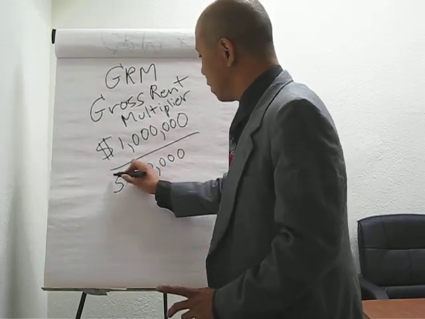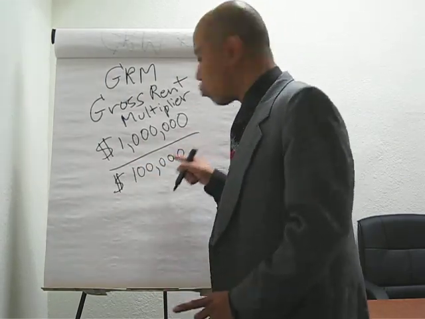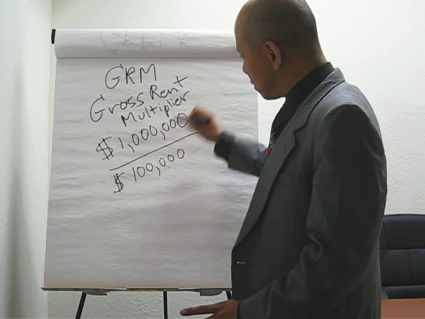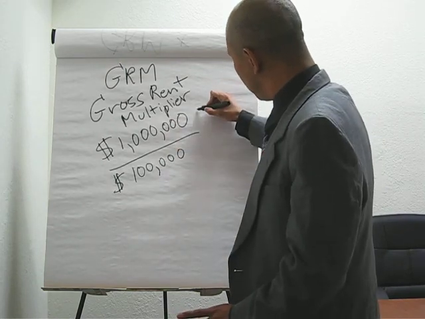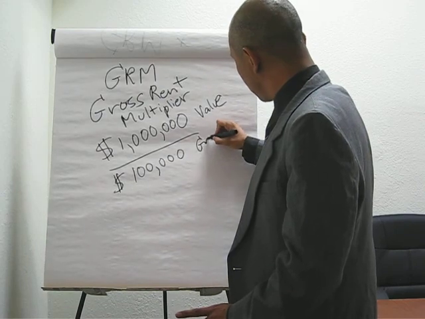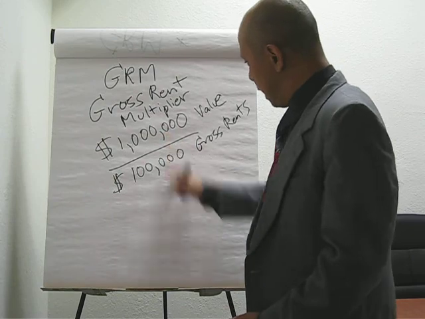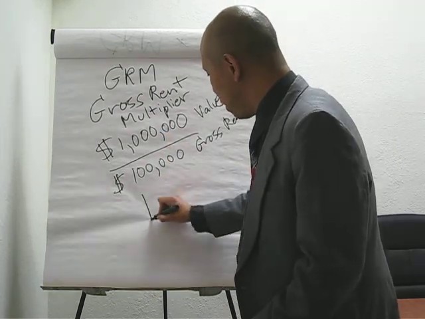So I want to be careful here, and I'll explain why later on. But from the gross rents, so you divide this into the value. Here we've got the gross rents, and you have a GRM of 10.